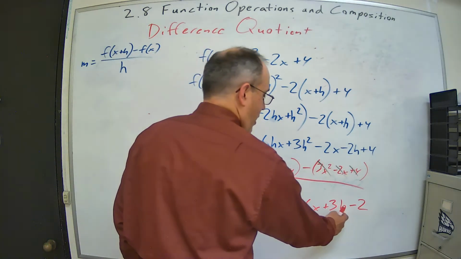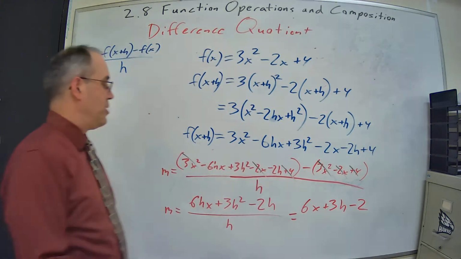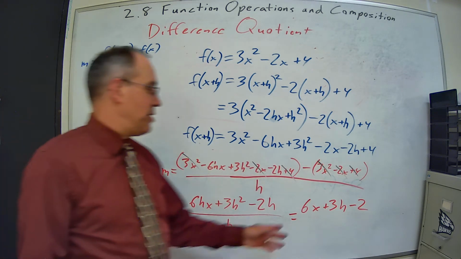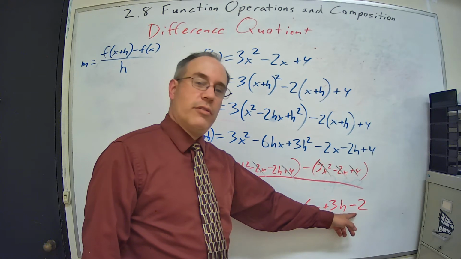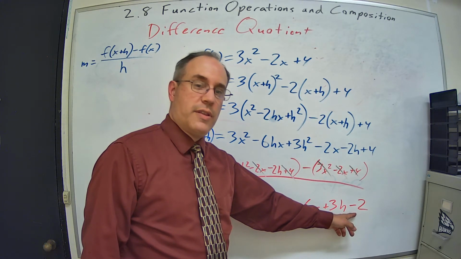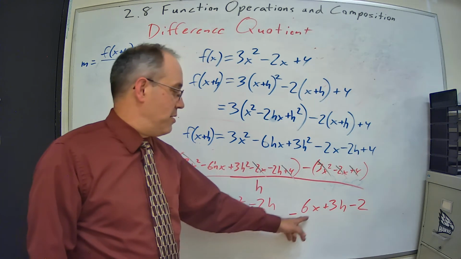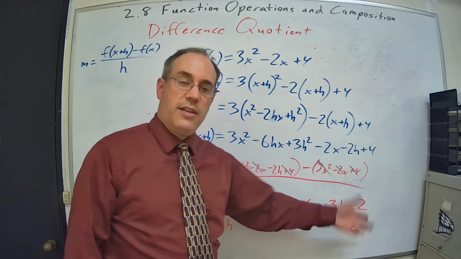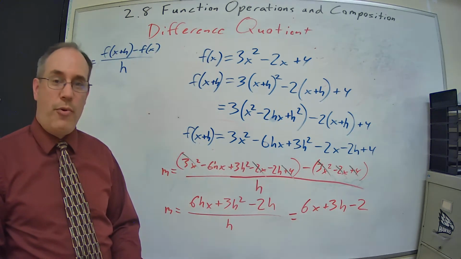If we allow h to be equal to 0, then we get 6x minus 2. So if x is 3, we get 18 minus 2, or 16. The slope is 16 at that point.